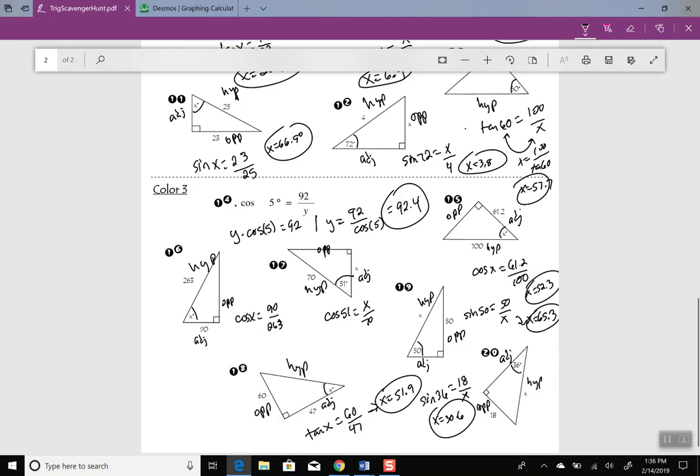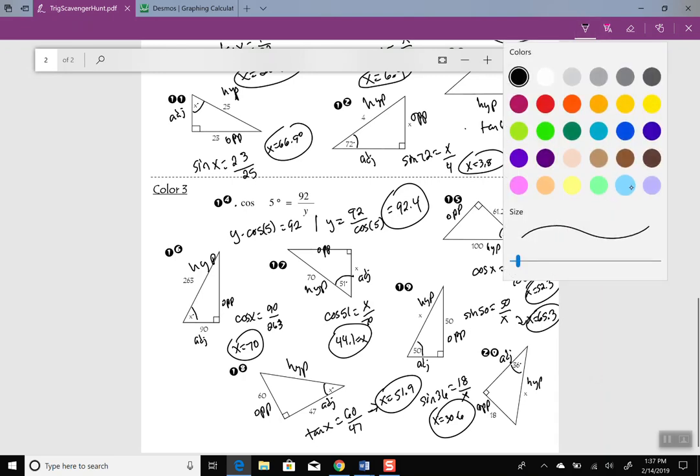Number 16, inverse cosine of 90 over 263. I get 70 degrees if I round. And this last one, multiply by 70 on both sides, so 70 times the cosine of 51 gets you 44.1 if you round. I think that was all of them.